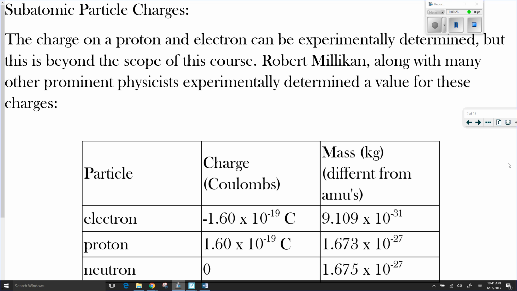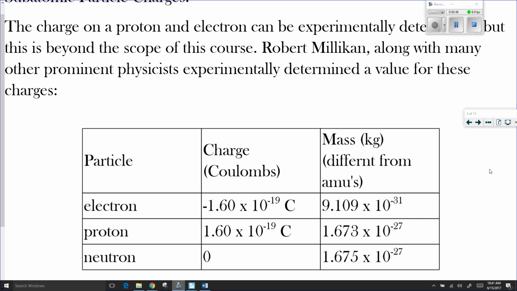These charges were determined experimentally by many different physicists, including Robert Millikan. The unit for the charge on any subatomic particle is called the coulomb, named after Sir Charles Augustin Coulomb.